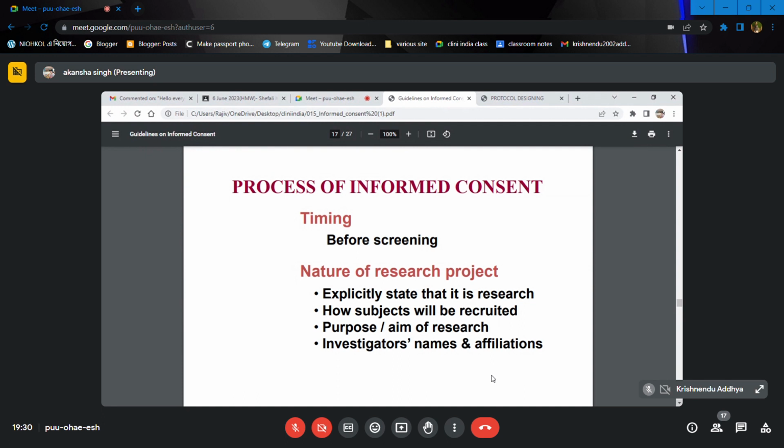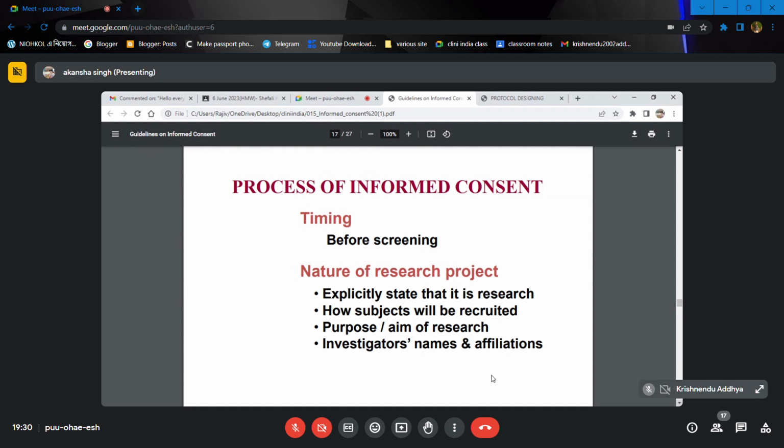Call centers know from where they can get a target subject for the study. Or newspaper ads, or email shots. So these are the processes of how we can recruit the subjects.